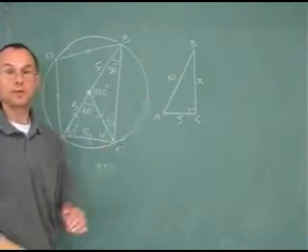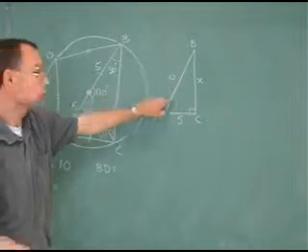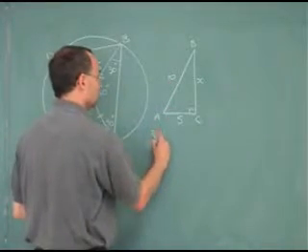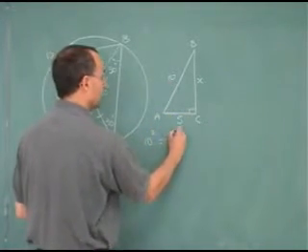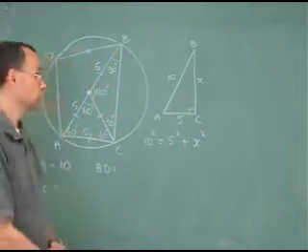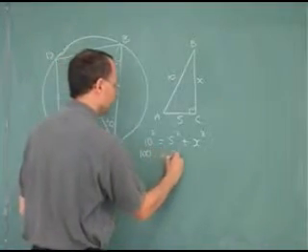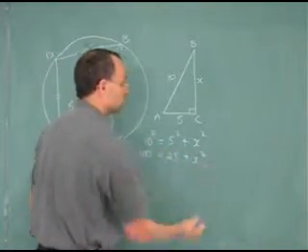Well, that's just going to be Pythagoras' theorem. So all we have to do is go hypotenuse squared equals this side squared plus this side squared. So we're just using good old Pythagoras here. So 100 equals 25 plus x squared.